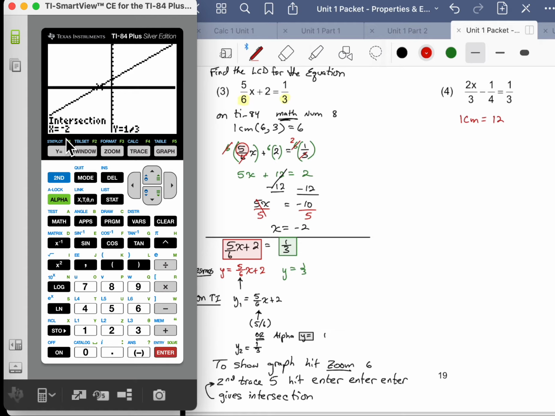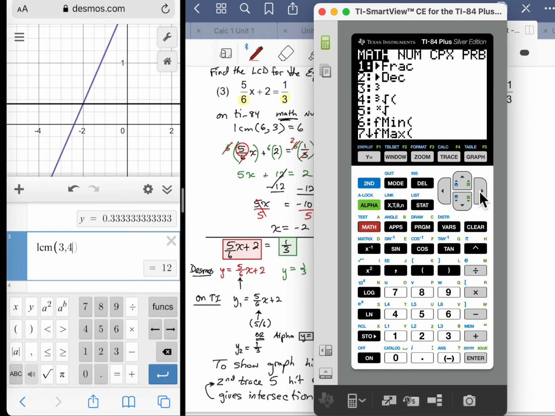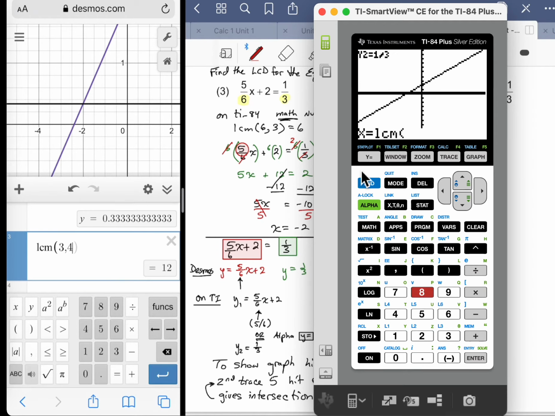All right, same thing using the appropriate technique on the TI, math, NUM, option 8. So, I typed it onto Desmos, but then I didn't show you. So LCM is in function miscellaneous. But on the TI, math, NUM, option 8. Oh, that's another aspect of the TI that's kind of annoying. Sometimes it puts the command in a place where you don't want it.